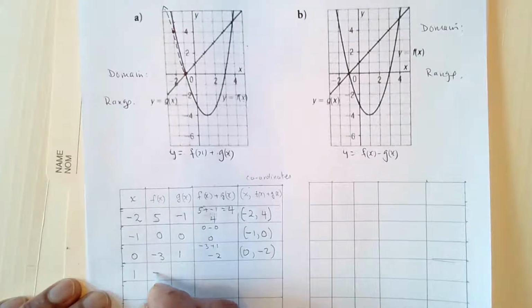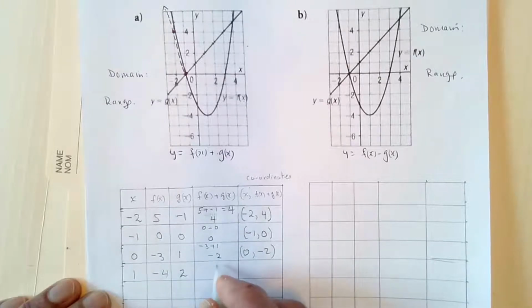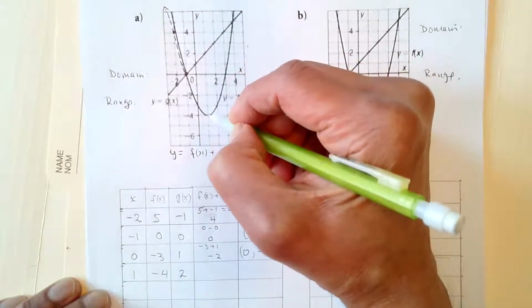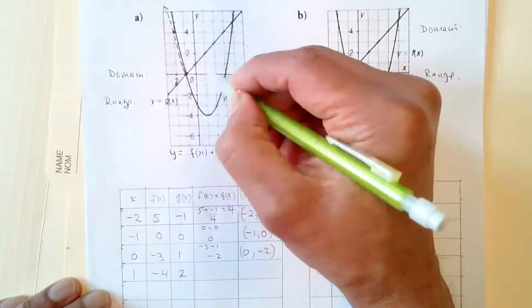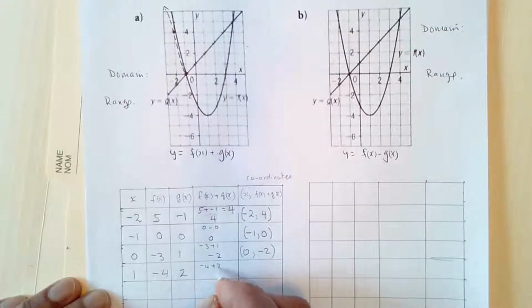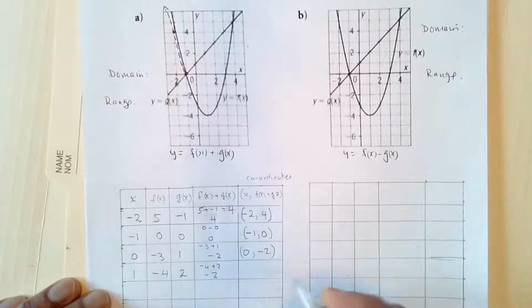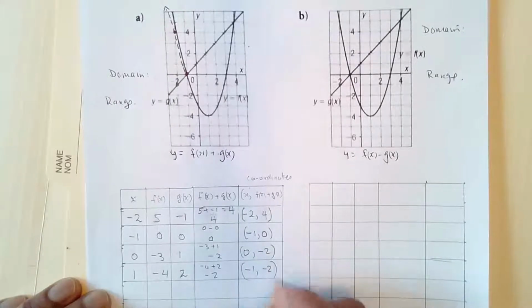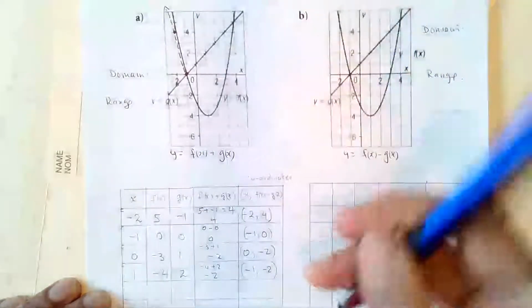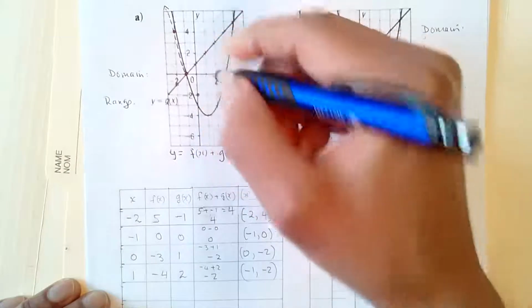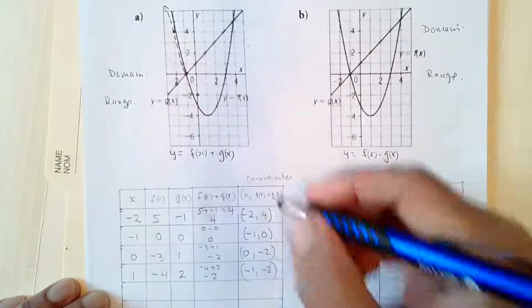When x is 1, f of x is -4 and g of x is 2. So -4 plus 2 gives me -2. So let's plot these points. So 0, -2, which is right here.